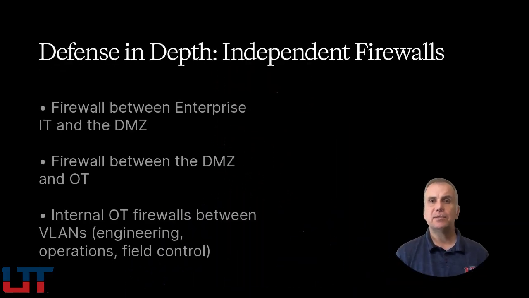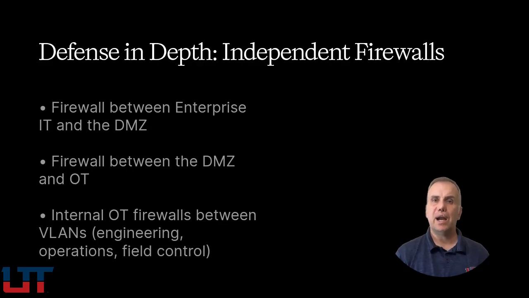If there's only one firewall at the outer perimeter and everything else inside is flat, a perimeter breach is a full OT access breach. Defense in depth means multiple independent barriers, each providing its own control, each failing differently.